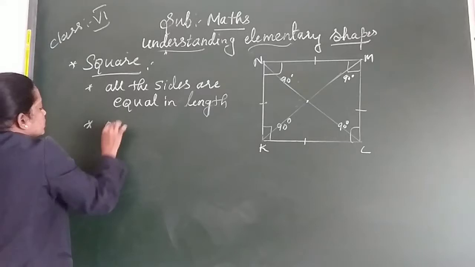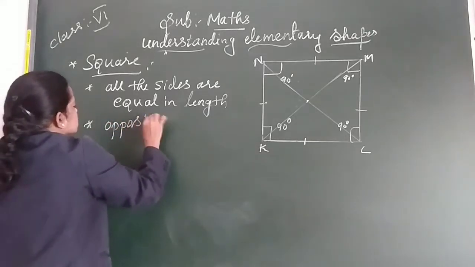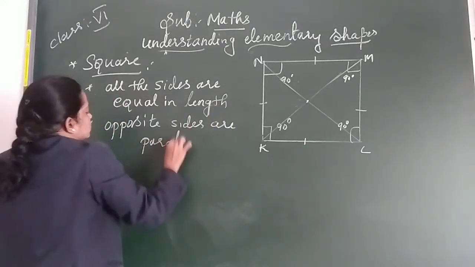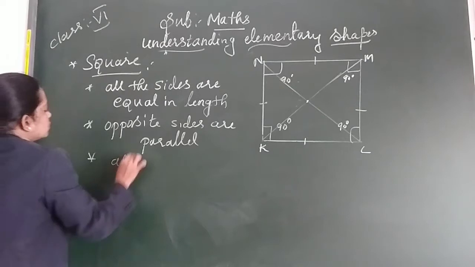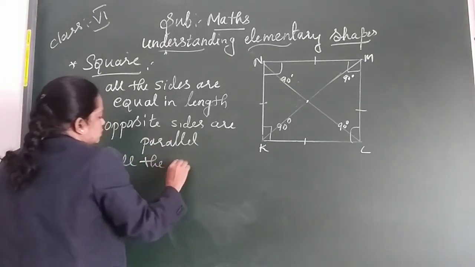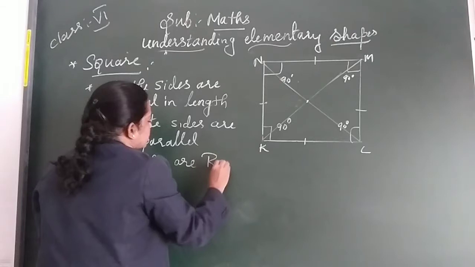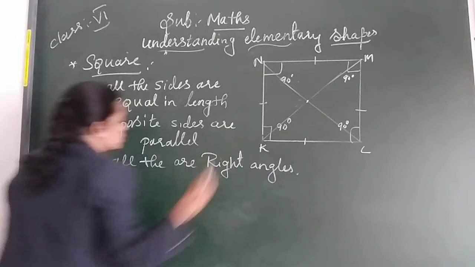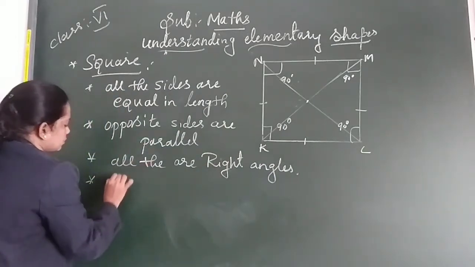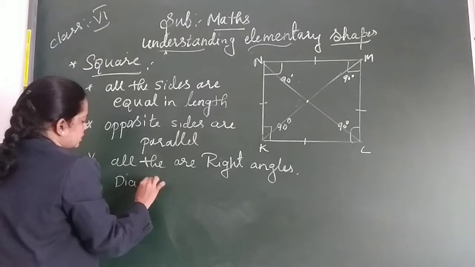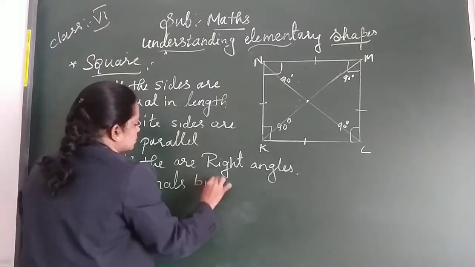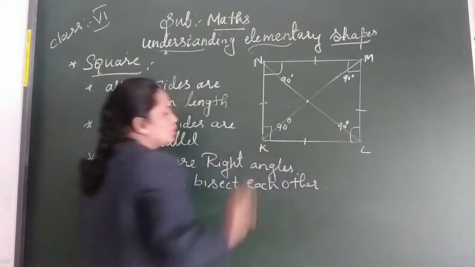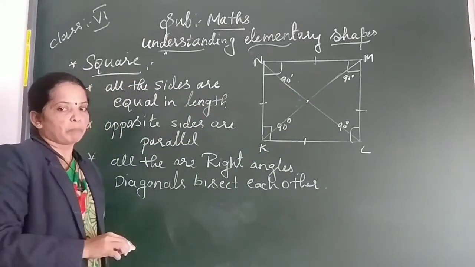Opposite sides are parallel to each other. Then all the angles are right angles. All the angles means four angles. Then diagonals bisect each other. So this is a type of quadrilateral as well as a parallelogram.